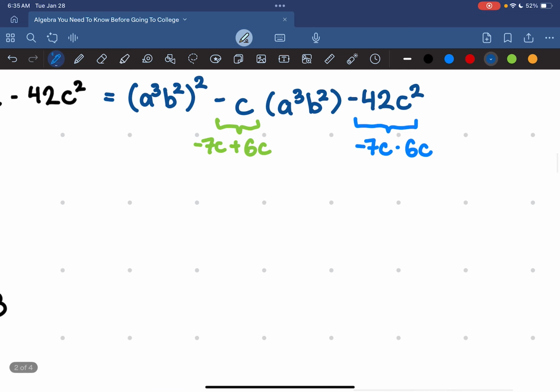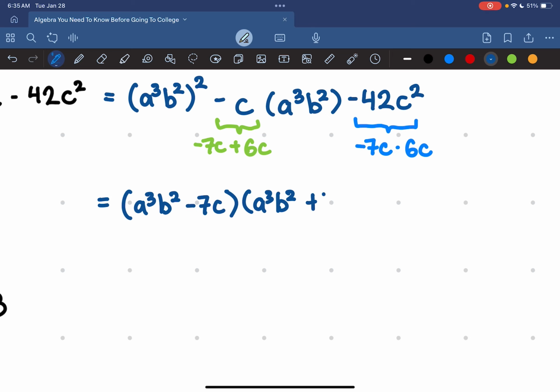So this is equal to a cubed b squared minus 7c times a cubed b squared plus 6c. I think this is the factored form for this problem. I might double check later. I can't remember writing this in my answer key. But yeah.